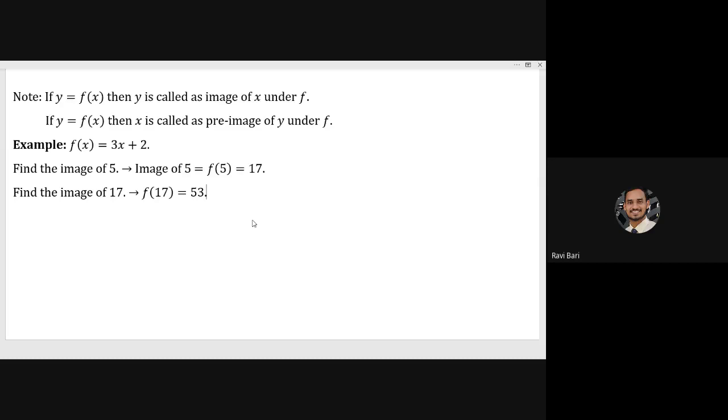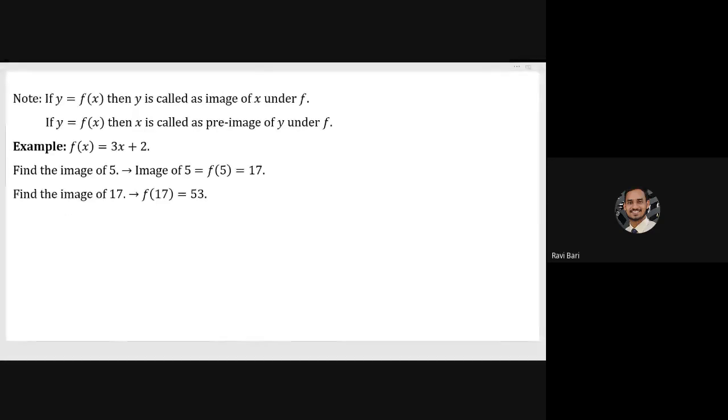So yes, that means now if I will give you any function, then you can find the image of any number. Clear everyone? Type C if this is clear, and type D if there is any doubt.